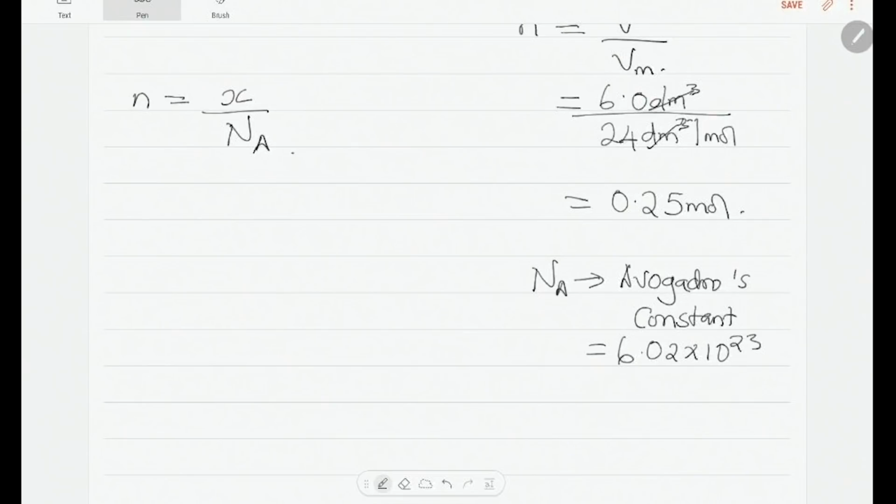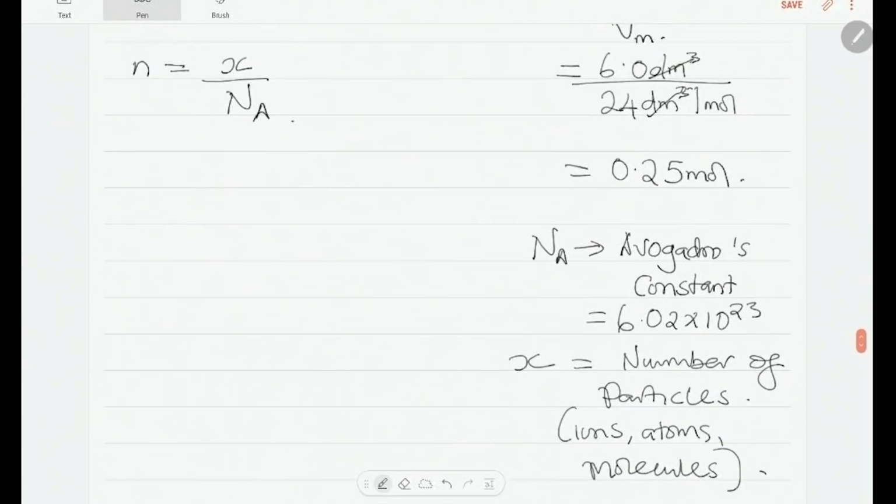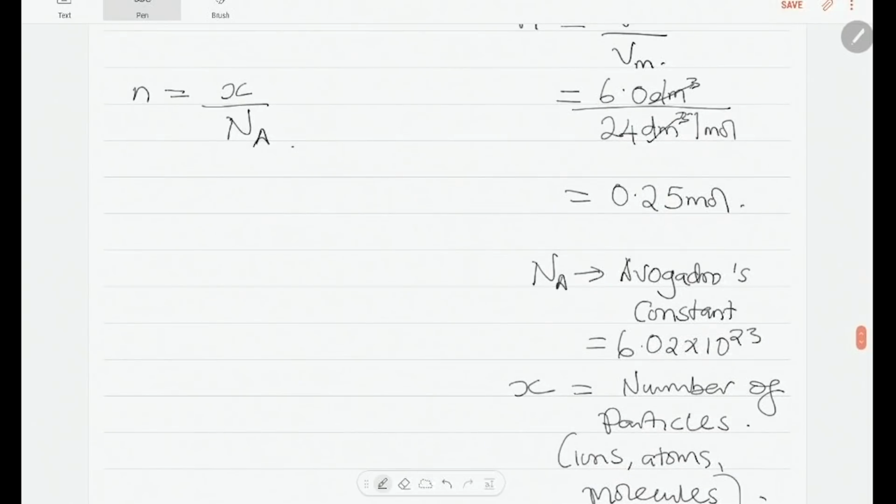Then X is equal to the number of particles. And these particles can either be ions, atoms, or molecules. Since we are looking for the number of molecules, we are going to find X, and therefore we need to make X the subject of the formula.